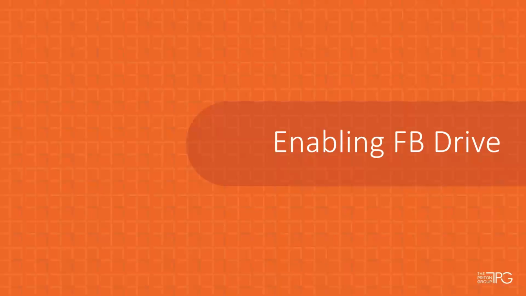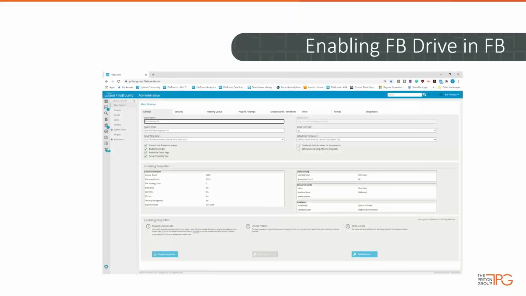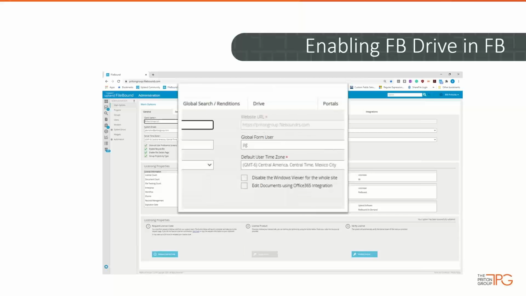And we'll move over to the last configuration that we have to do here, which is FileBound Drive. So to enable FileBound Drive in Connect, we actually need to go to the actual FileBound application in the web browser first. And we go to our main options, and then we select the Drive tab in there.